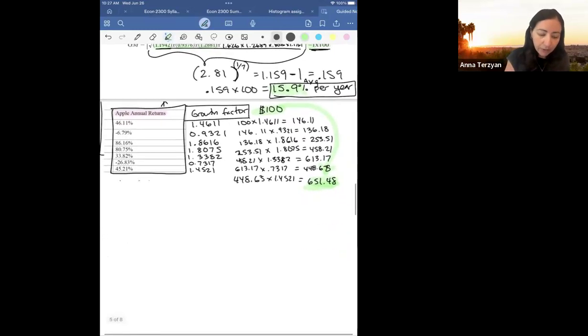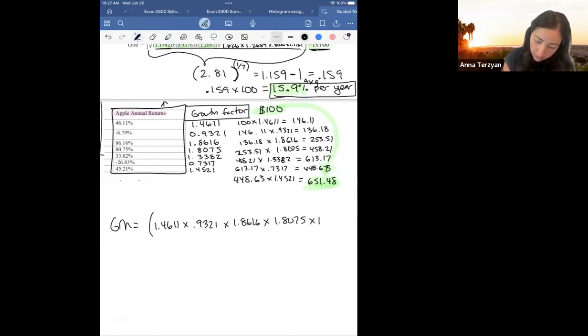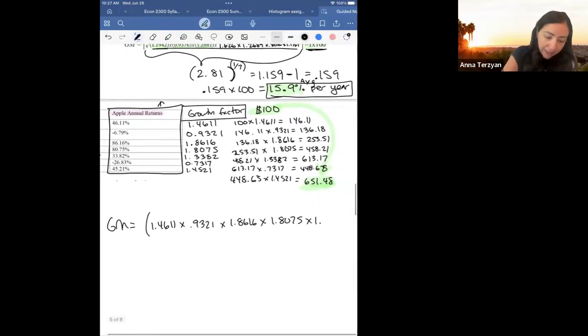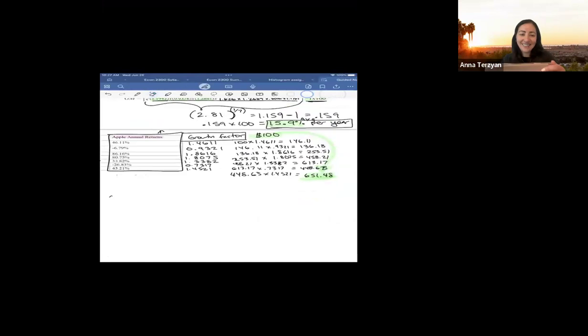Now, what was the average growth per year, our geometric mean? Again, we have 1.4611 times 0.9321 times 1.8616 times. I'm never gonna get these straight.